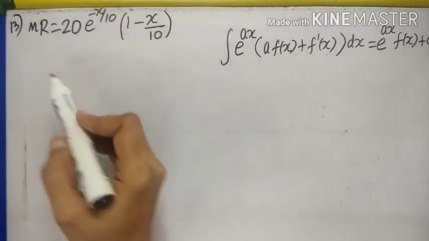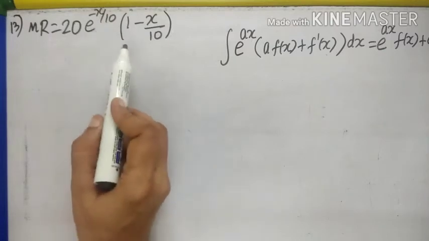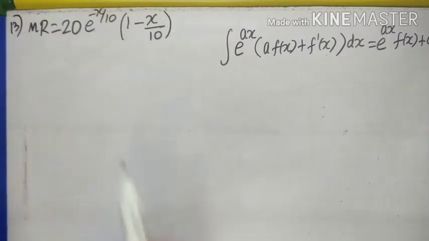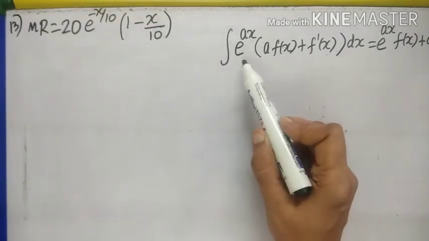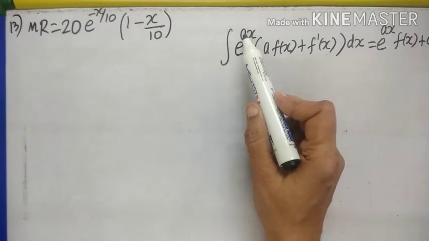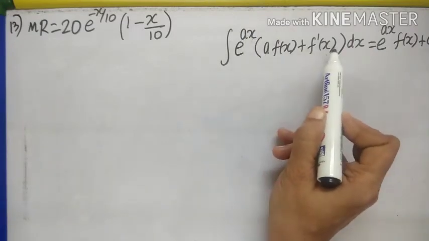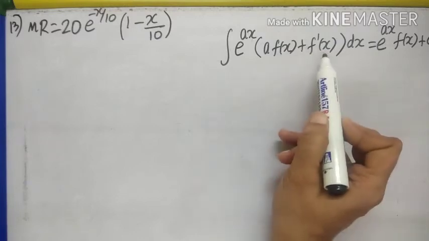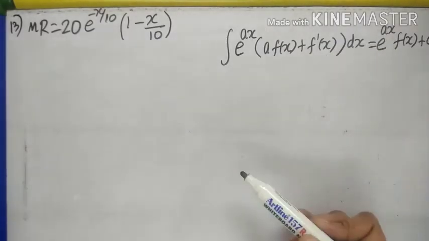Question number 13. MR equals 20 e power minus x by 10 into 1 minus x by 10. Now for this problem, let us remember this integral formula. Integral of e power ax into a f of x plus f dash of x, my answer will be e power ax f of x.